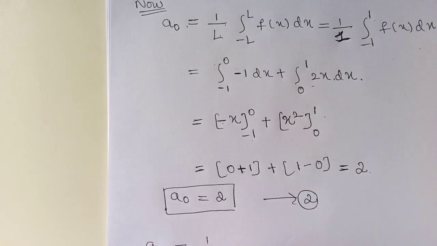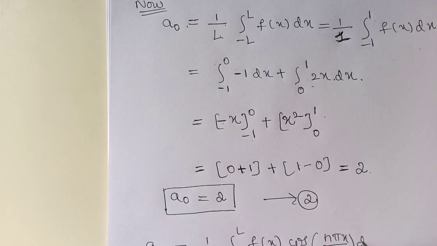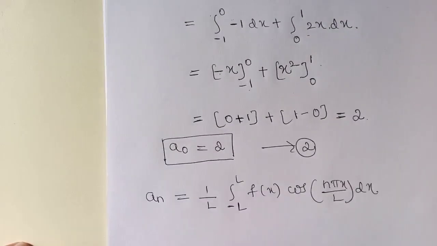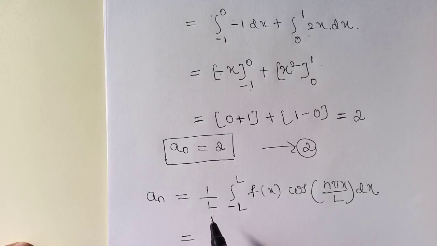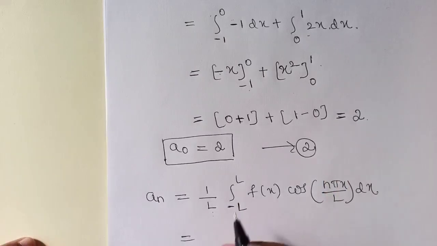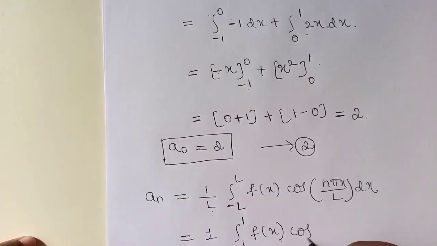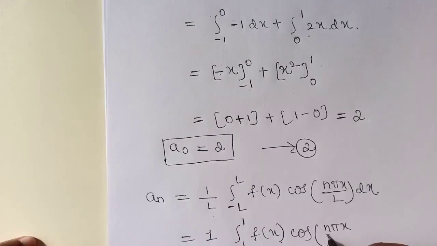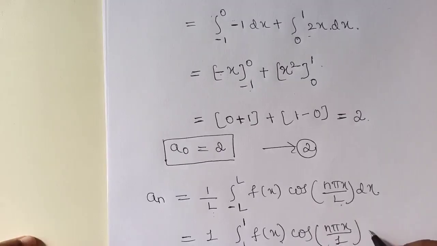So an is given by 1/L times the integral from -L to L of f(x) cos(nπx/L) dx. Here the L value is 1. Substituting, 1/1 is simply 1, the integration from -1 to 1 of f(x) cos(nπx/L), where L is 1.